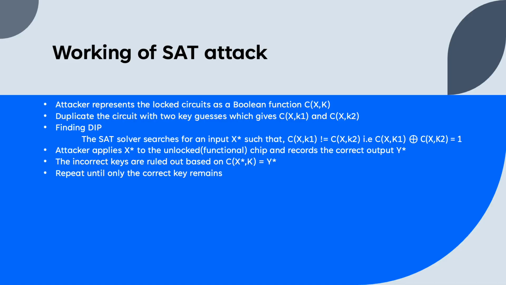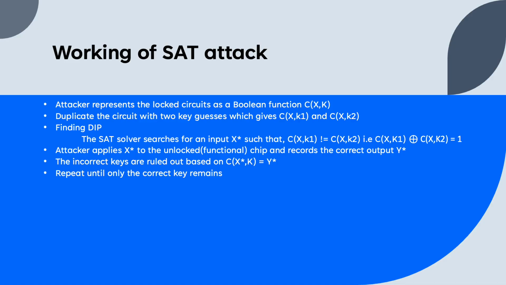It can also be understood easily by thinking of it as, suppose we have a multiple choice exam, and there are 16 possible answers. Instead of checking each answer one by one, you ask a smart friend, a SAT solver in this case, who gives a single question that is deep.